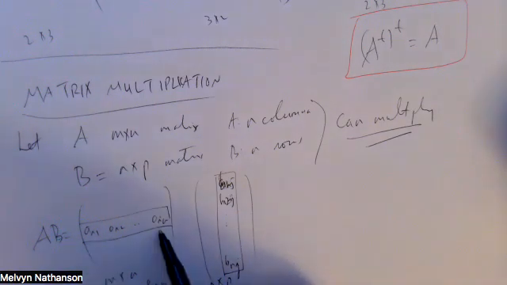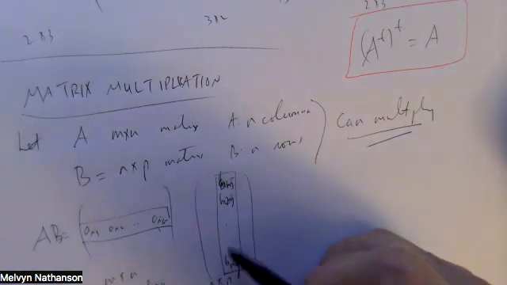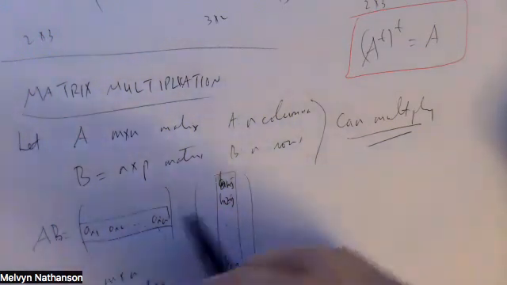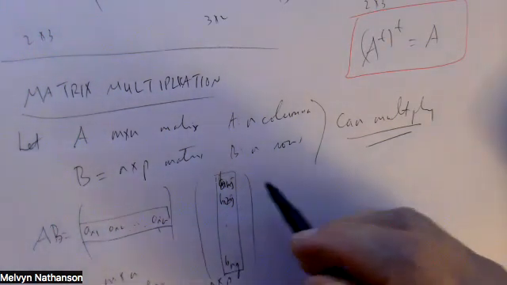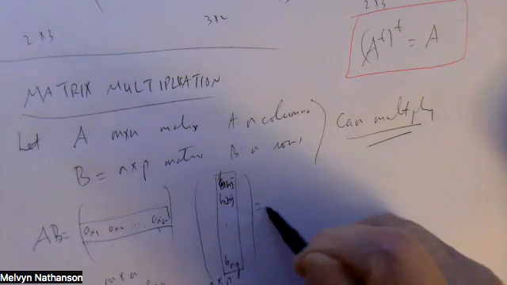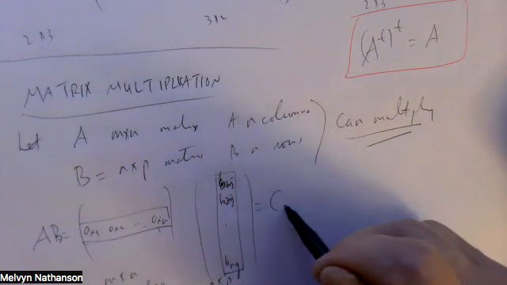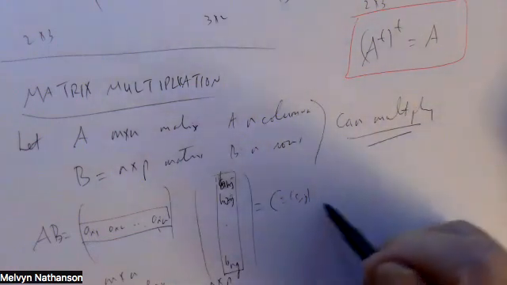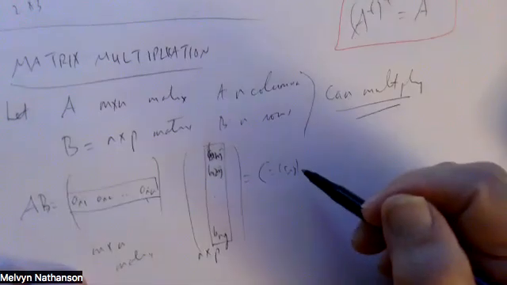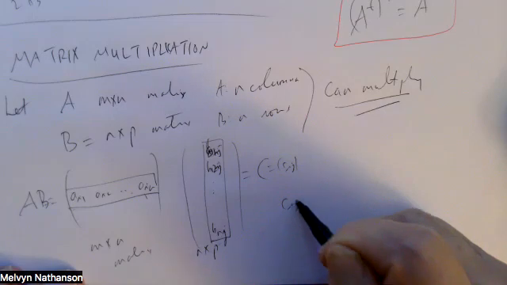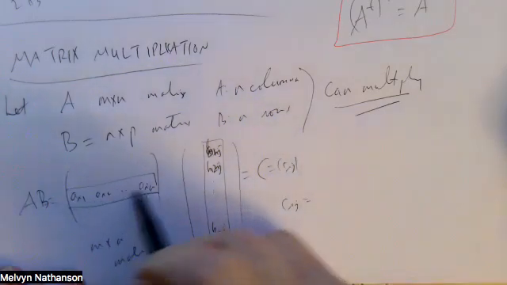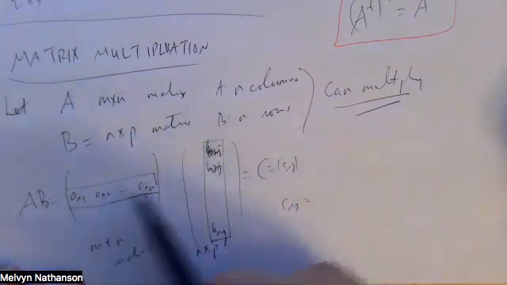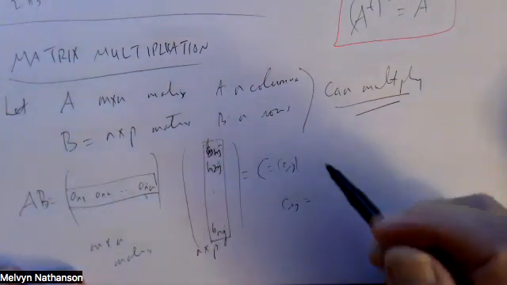So this row has n numbers, and this column has n numbers. I want AB to be a matrix C with coefficients Cij. And you get the coefficient Cij in the product matrix by multiplying this row into this column, and you do that by multiplying the corresponding coordinates and adding.